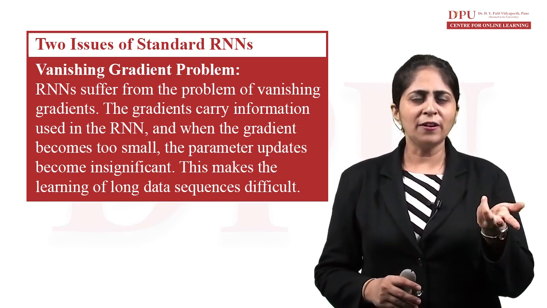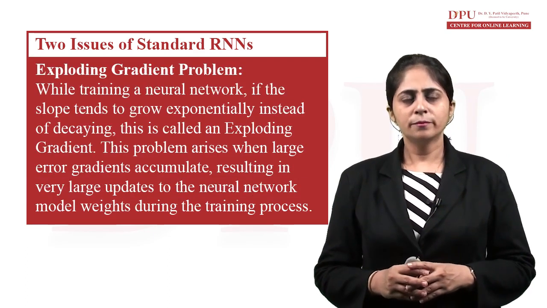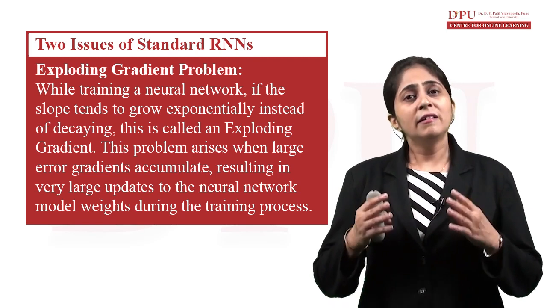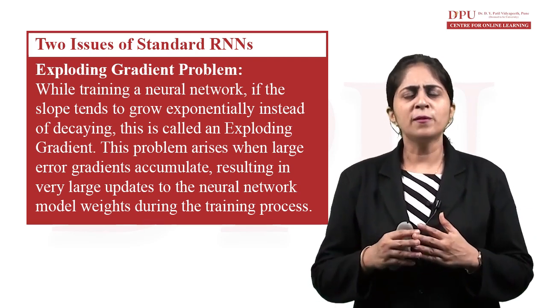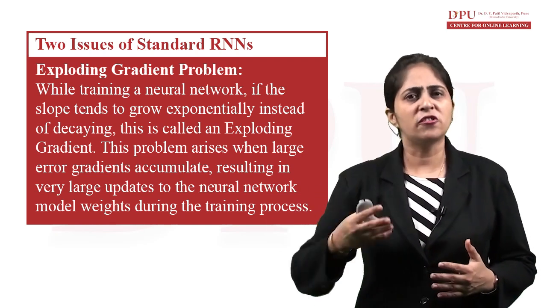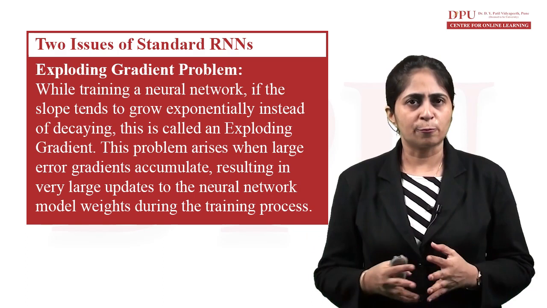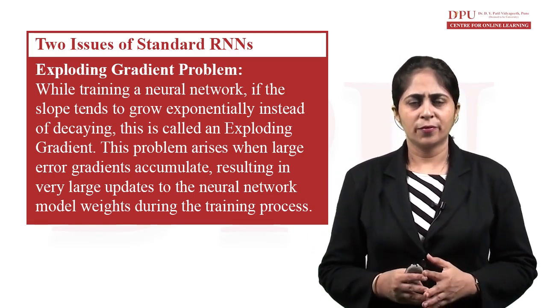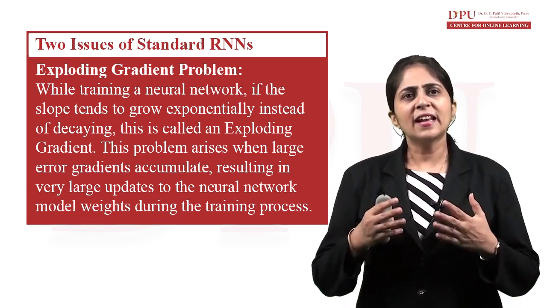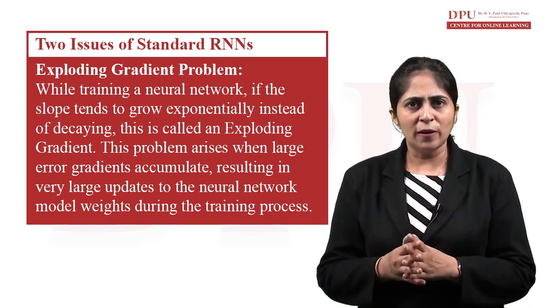Second is the reverse of it, that is the exploding gradient problem. While training a neural network, if the slope tends to grow exponentially, so instead of decaying, it is growing exponentially, this is called exploding gradient. This problem arises when large error gradients accumulate.